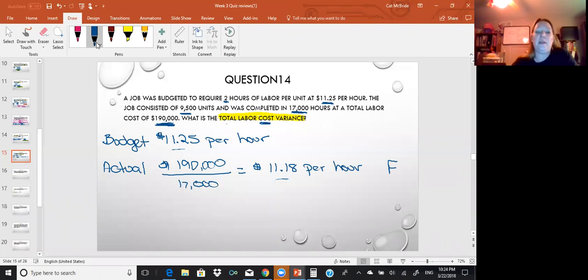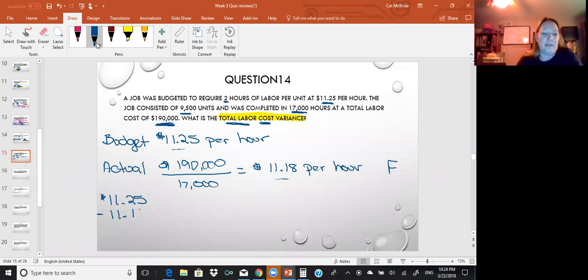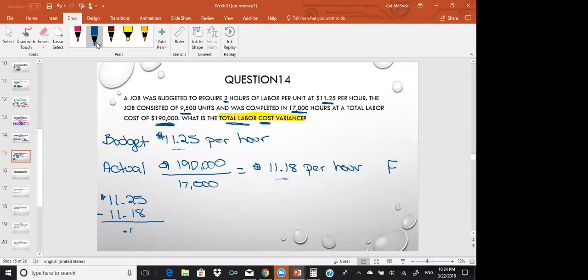But now I need to figure out the total dollar amount. Okay, so we planned to spend $11.25. We spent $11.18. So the difference is 7 cents.